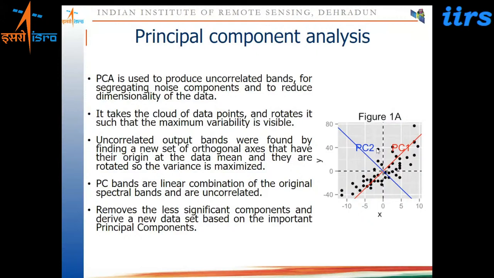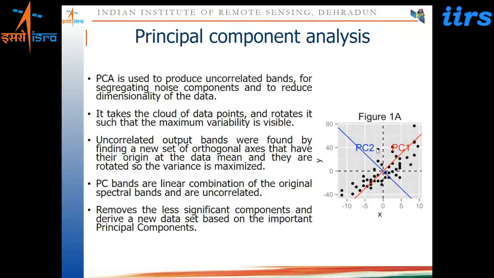As we increase the number of PCs, if there are 100 bands, then PC100 will have the minimum information and minimum variance. So we select the initial few PCs which have almost 99% of the information, and we do not have to go further.